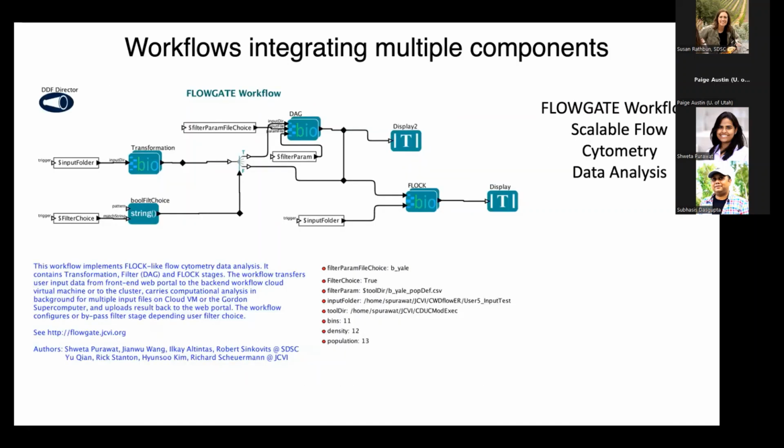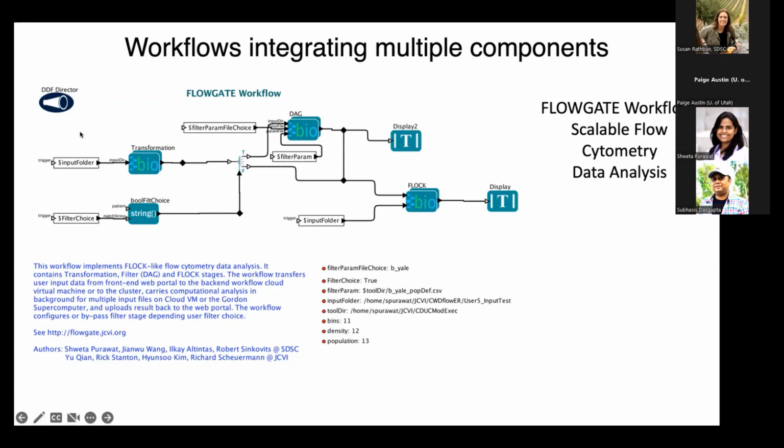Then here you see a workflow which is a flow cytometry workflow, and so it transforms the input data and displays it on the web portal in the front end. And this is run in the back end of the web portal.